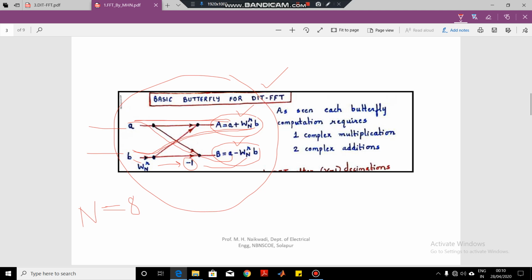How many butterflies are you going to get? You are going to get 4 butterflies, because each butterfly has only 2 inputs, so 4 butterflies give us 8 inputs.